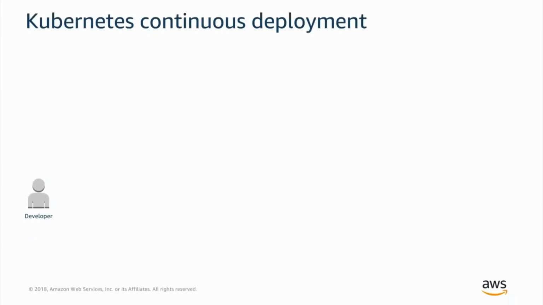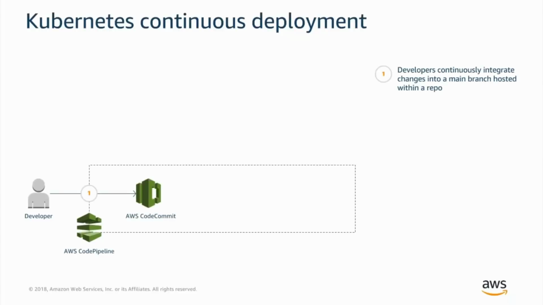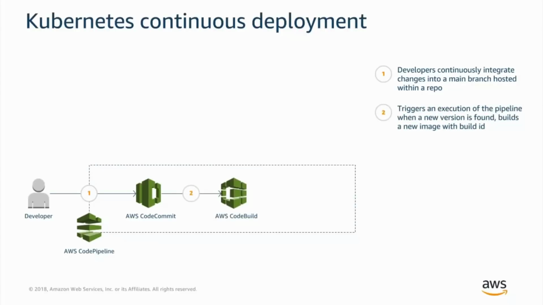Okay, so let's take a look at how you would build a CI/CD implementation using CodePipeline, CodeCommit, and CodeBuild Services. Let's say your developers push new code to a CodeCommit repository. CodePipeline will pick that up and trigger a pipeline workflow and build a new version of your Docker image using CodeBuild.